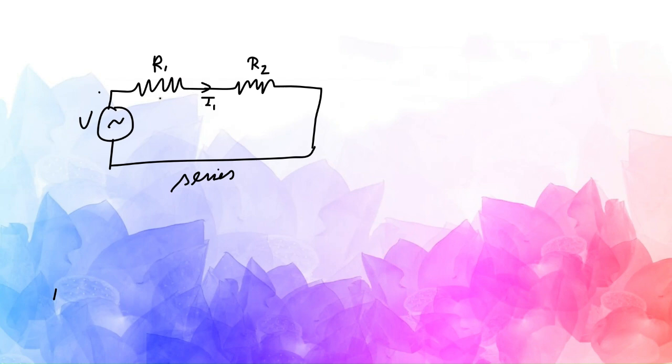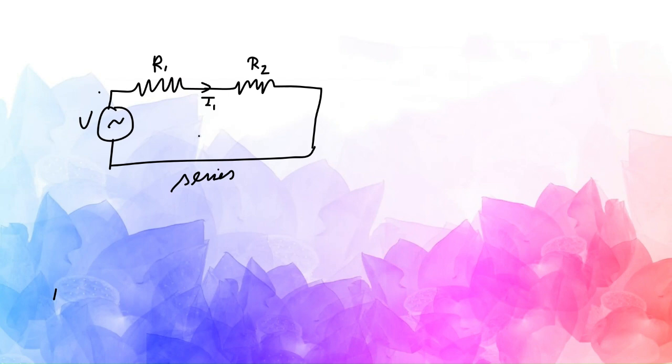The basic fundamental thing is that if the current is not getting divided from the element R1 and from the element R2, the single current, that is I1, is flowing through both the elements, in this case we'll call it a series circuit.